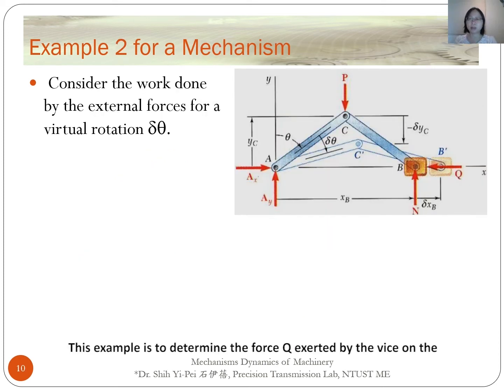This example is to determine the force Q exerted by the vice on the block when given force P is applied at point C. We assume that there is no friction in the system. Consider the work done by the external forces for a virtual rotation delta theta, where delta theta is a positive increment to theta.